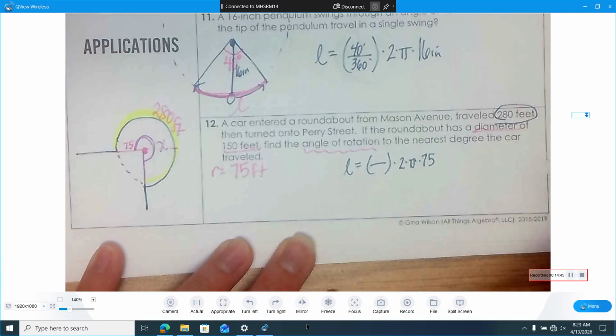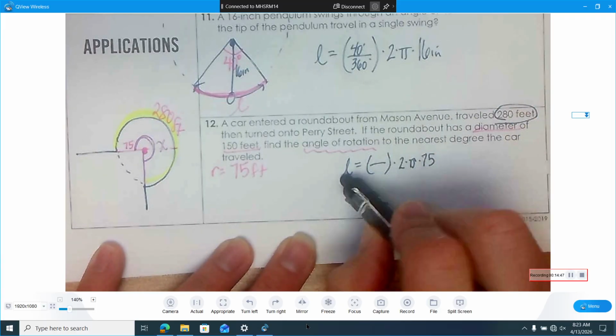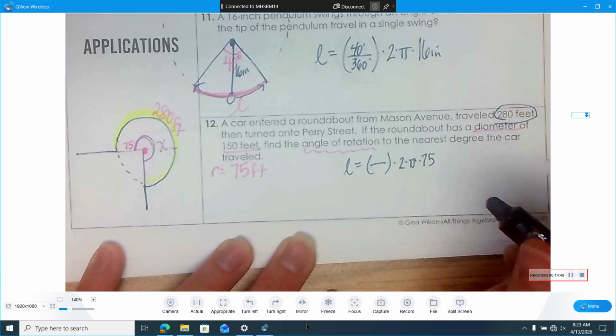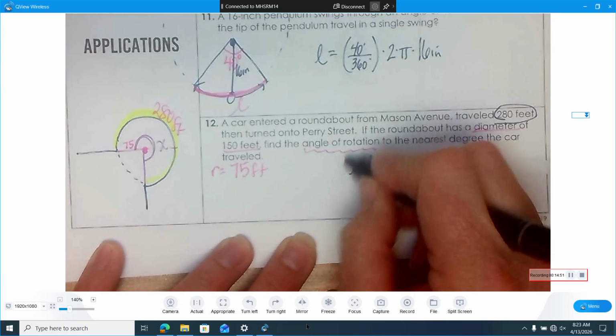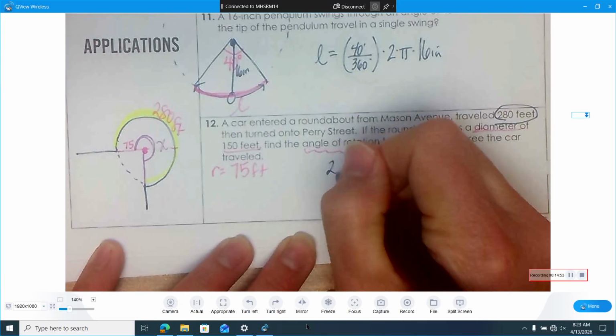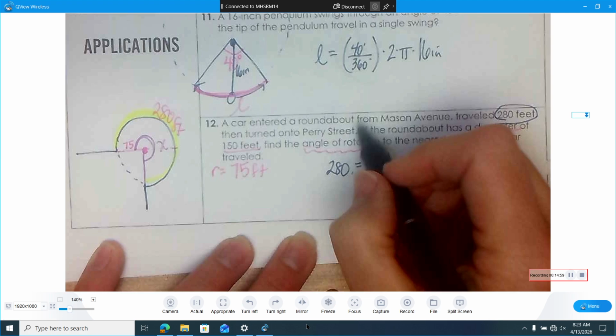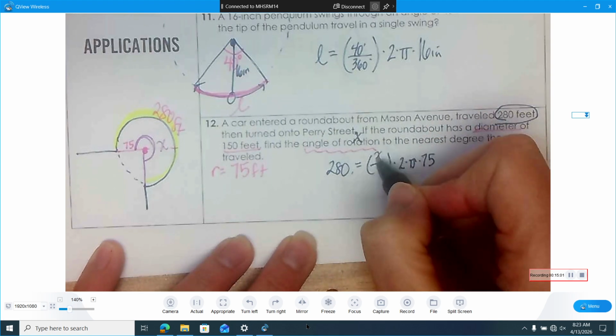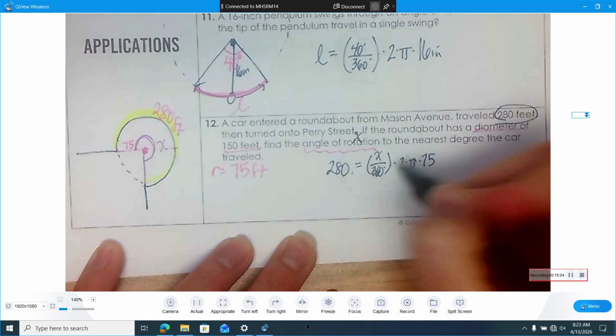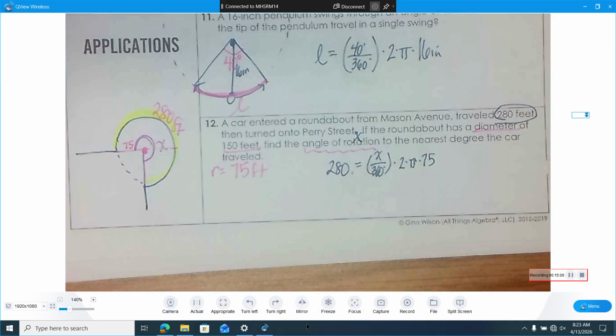But what else do we know? What was L? 280, yeah, that is the 280 feet that we traveled around the circle on our little roundabout. And the angle of rotation, that's x that we're trying to figure out. So that is x over 360. That's what we have to figure out, what is x.